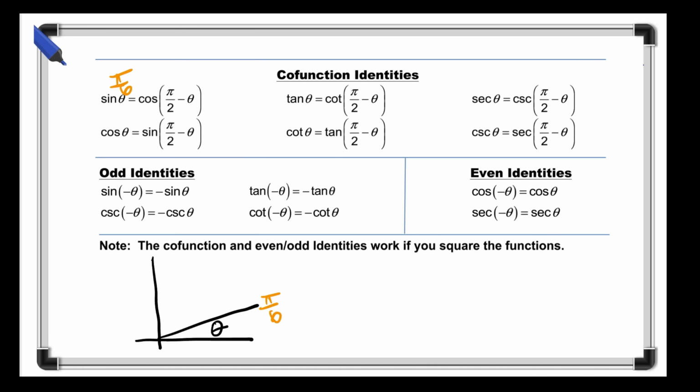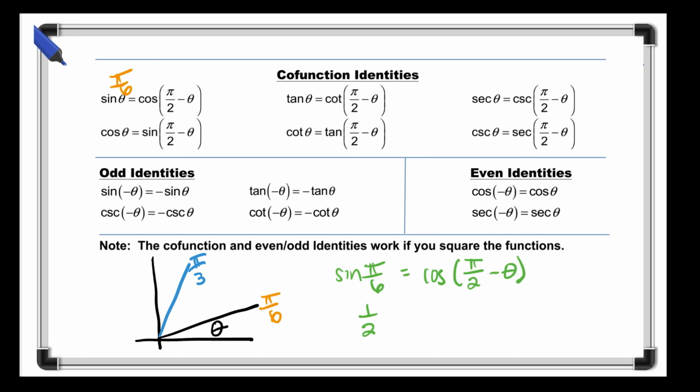So the sine of pi over 6, I know is 1/2. And that has to equal the cosine of its complement angle. Remember that complementary angles are angles that add up to 90 degrees, or in this case, we're looking at radians that will add up to pi over 2. So the complementary angle for pi over 6 is pi over 3.